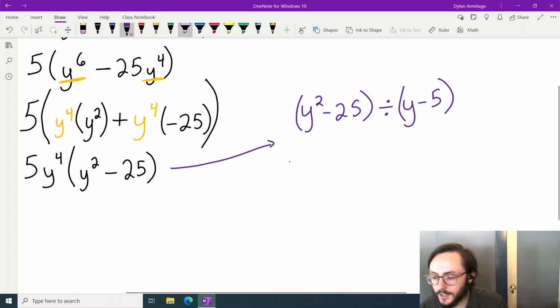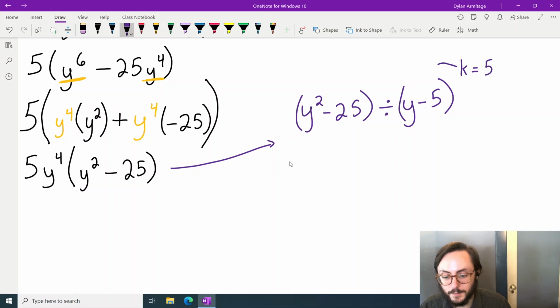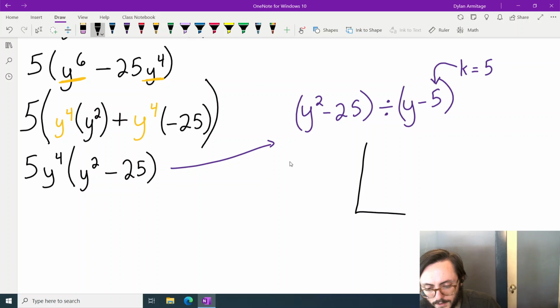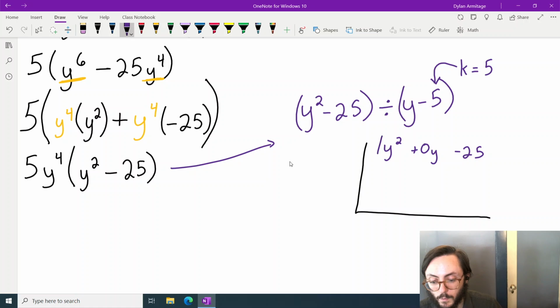We can do synthetic division because our value of k is 5, which comes from that 5 there. So we're going to set it up. We have y squared plus 0y minus 25, which would mean that our coefficients are 1, 0, and negative 25. So we can take out those variables just to make everything nice and neat.